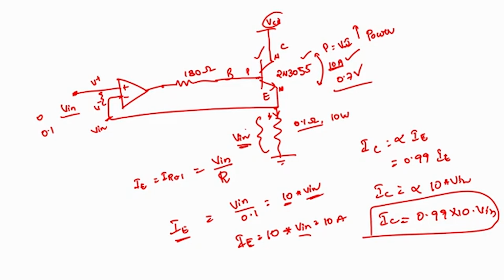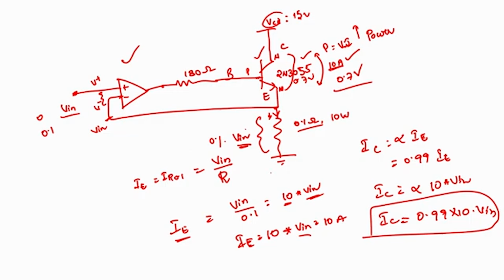Let us say VCC is 15 volts and the voltage drop here is 0.1. What about the rest of the voltage drop? If I do not have the operational amplifier, the drop across this transistor is 0.7 volts, and out of 15 the remaining, 14.3, will be completely across your resistor.